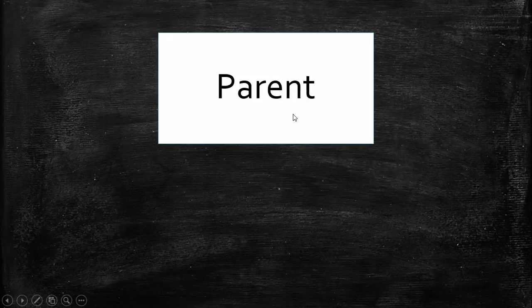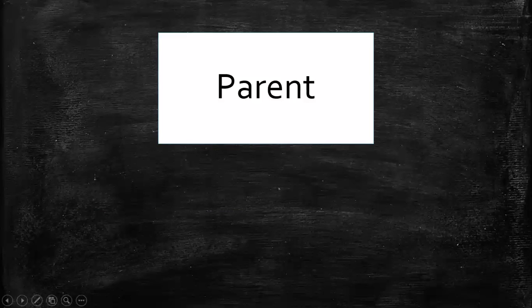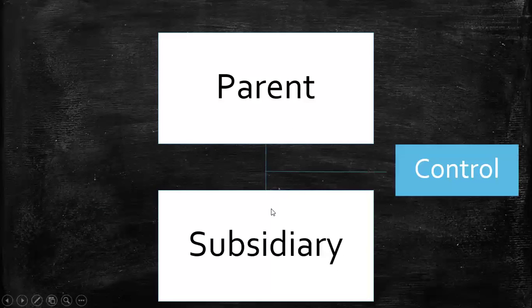To revise the concept very quickly, as we discussed in Chapter 21, a parent is an investor that has control of another company. A parent company has control of its subsidiary company, and that is usually because the parent company has purchased more than 50% shares, 50% or more shares of the subsidiary company.